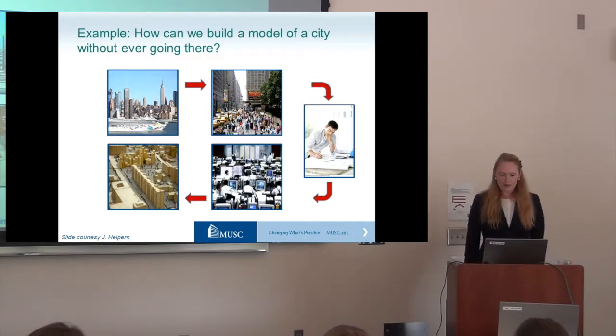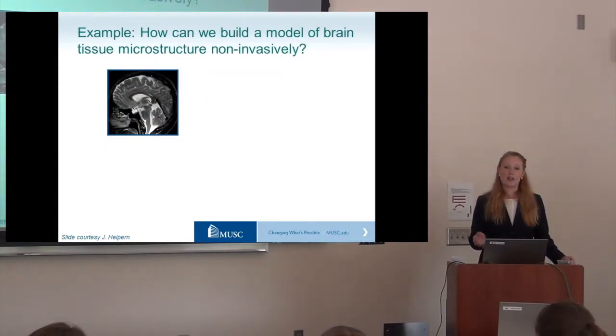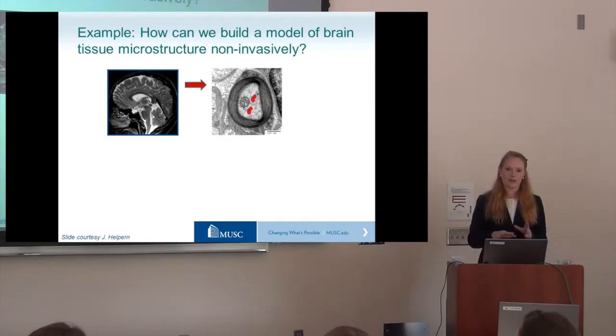Of course, we're not interested in building a model of cities, but if we take this analogy to the brain, imagine I want to know what the brain looks like without ever setting foot in it, or doing histology. We don't have little people walking around in our brain, but what we do have is water molecules that are constantly probing the environment for us.